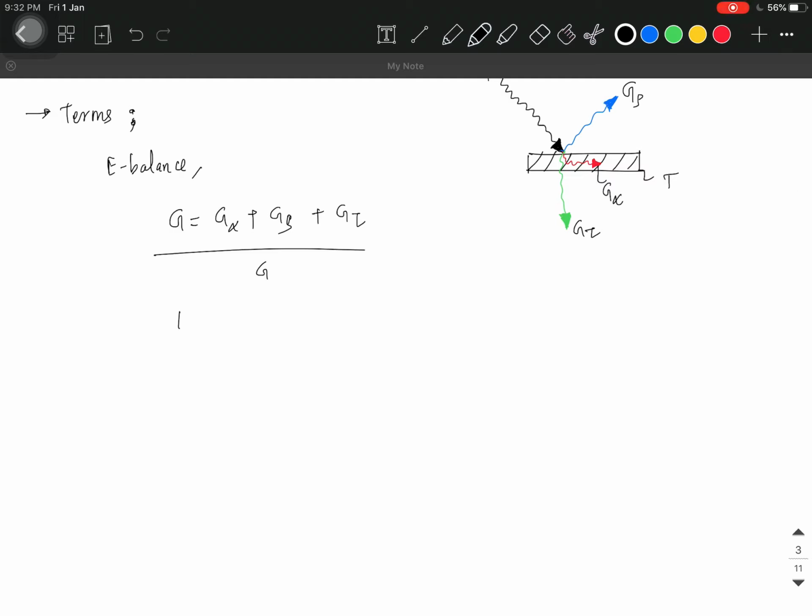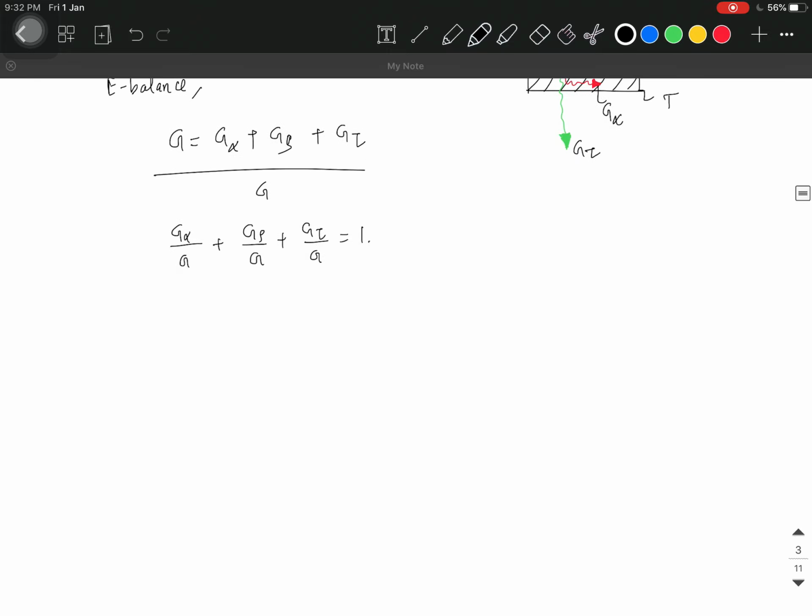If we divide this entire equation by G, we can rewrite it as G alpha by G plus G rho by G plus G tau by G equal to 1, and we can replace these fractions by alpha plus rho plus tau is equal to 1.